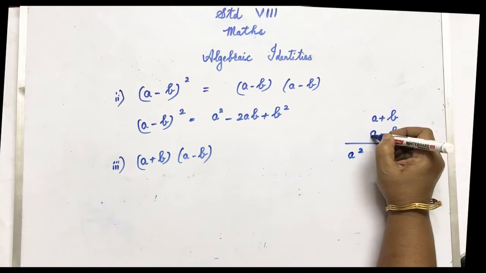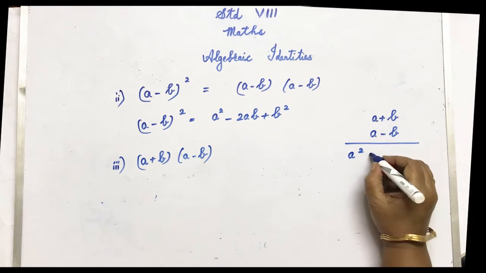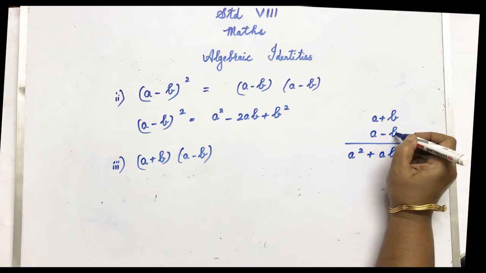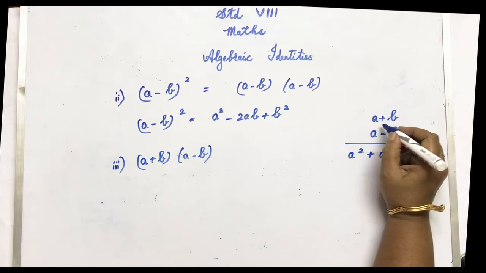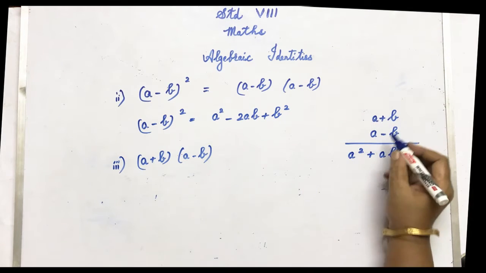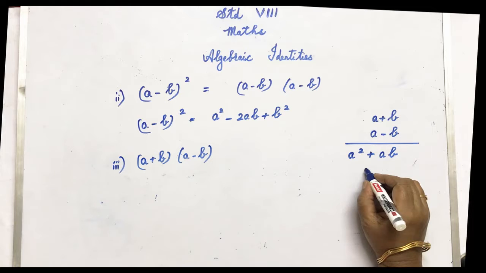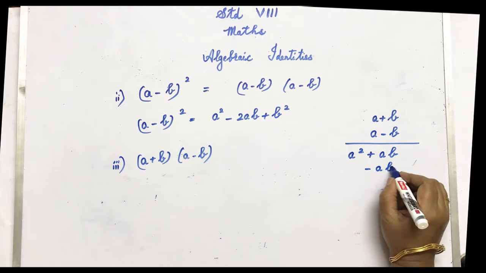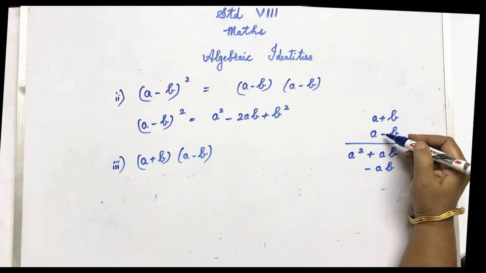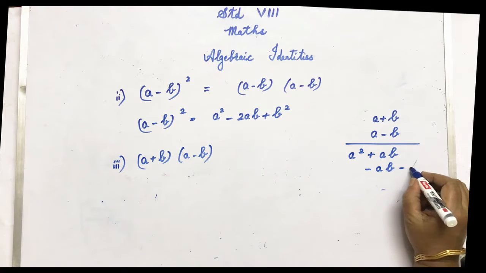Next we multiply a and b: a into b is plus ab. Next we multiply minus b with a: a into b is ab, here we have a minus sign and here a plus sign, plus into minus is minus, so minus ab. Then b into b gives b squared, and plus into minus is minus.